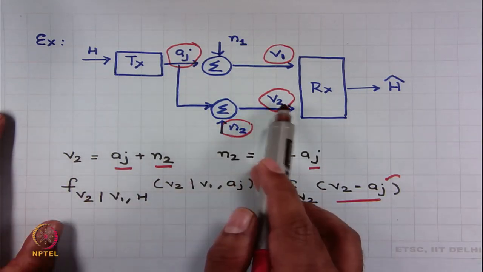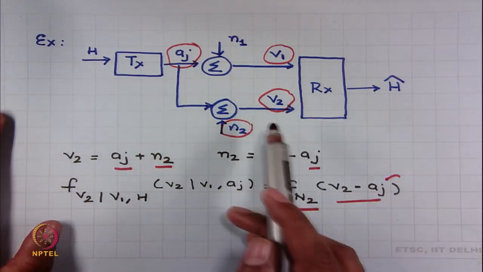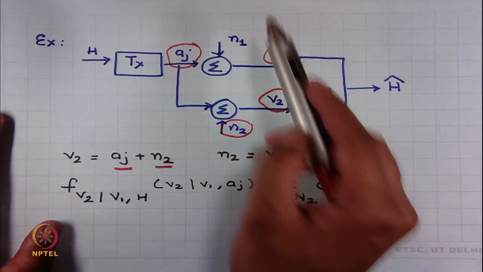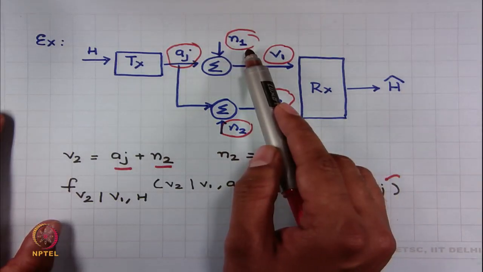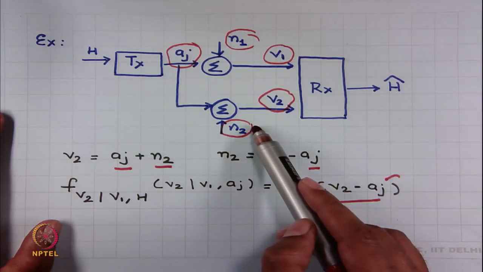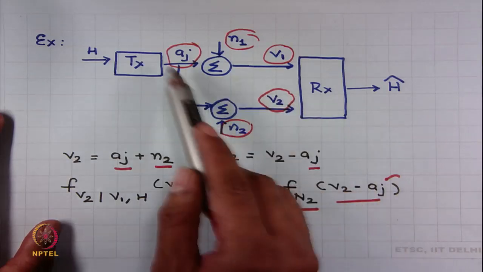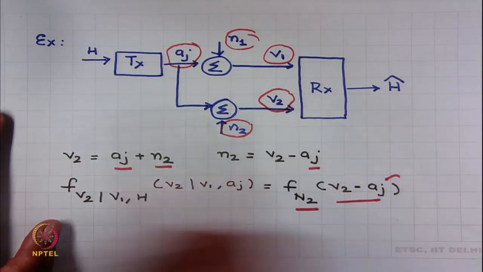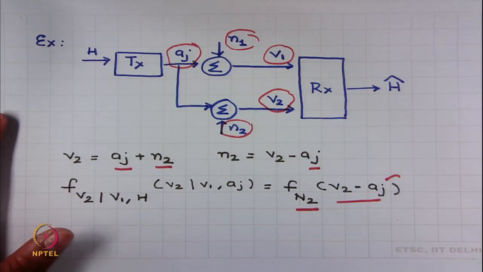So, by looking at this V2, your information might improve. For example, if I have a very noisy sample in here and this sample is less noisy, then you have improved information about this transmitted symbol if you look at V2, and hence V2 is not irrelevant for the receiver.